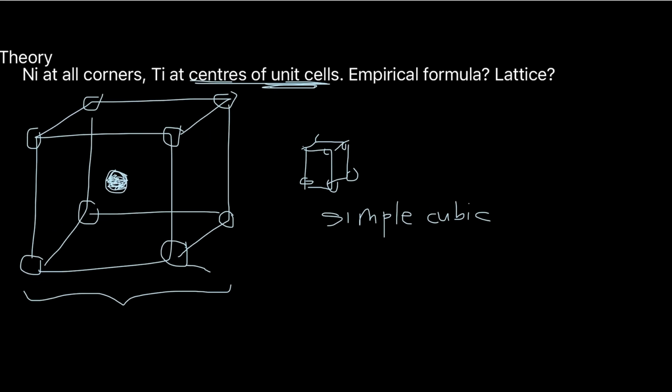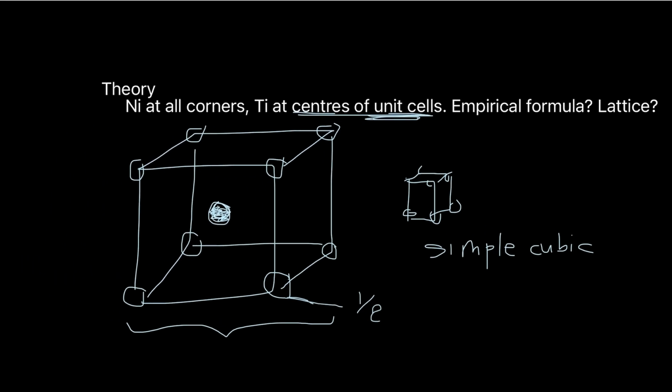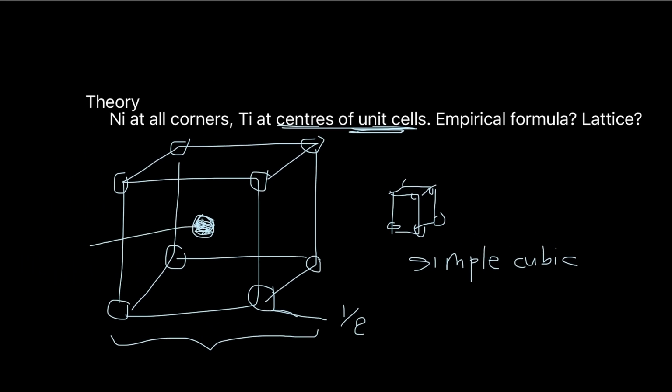How do you find the empirical formula? Anything that's on the corner is going to account for 1/8. Anything in the middle, sometimes there can be 3 or 4 things in the middle, will count as one whole atom. Anything on the edges is going to count for 1/4, and anything on the face, if it exists, is going to count for 1/2.